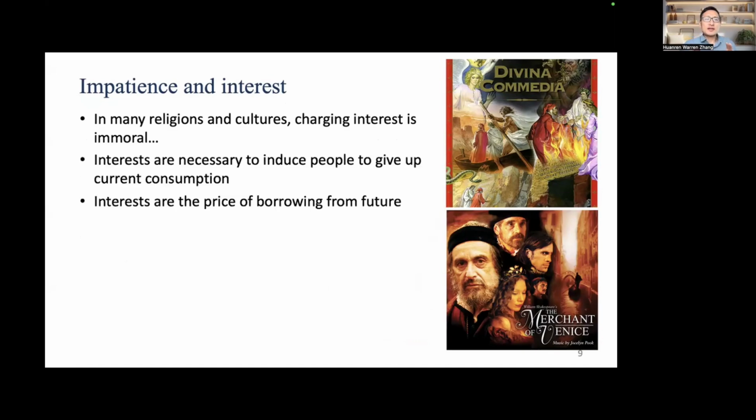So we know that interest is necessary to induce people to give up current consumption. It can be considered as the price of borrowing from the future. Without interest, people needing money today cannot get it, because we know everyone is impatient. If you don't pay interest, you cannot induce them to lend you money.